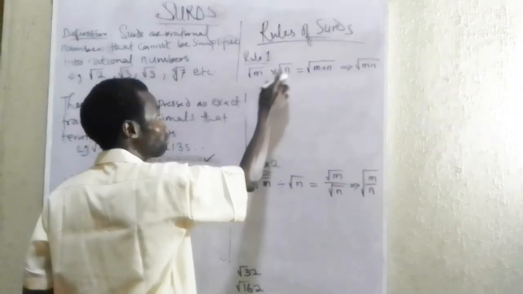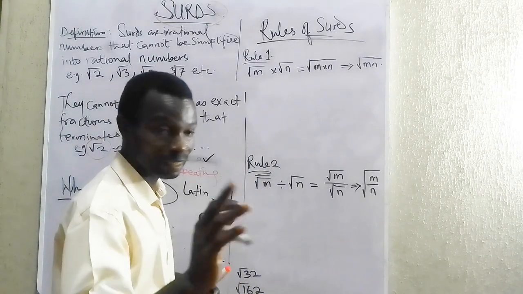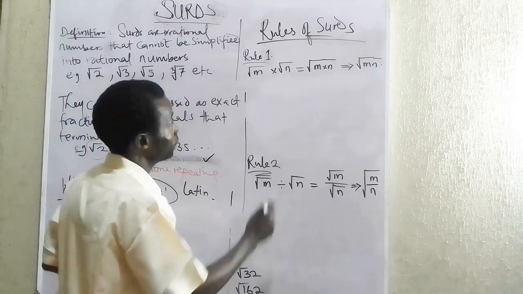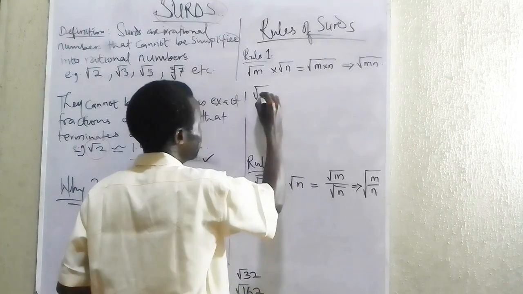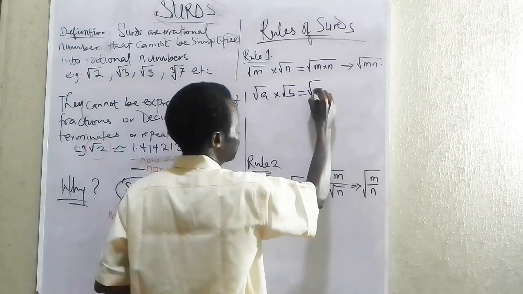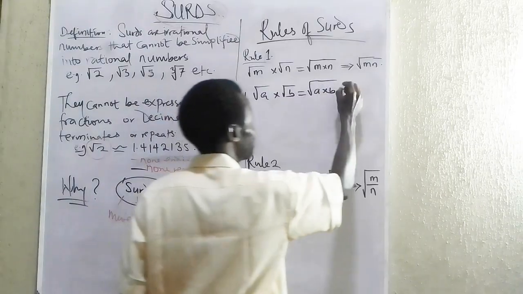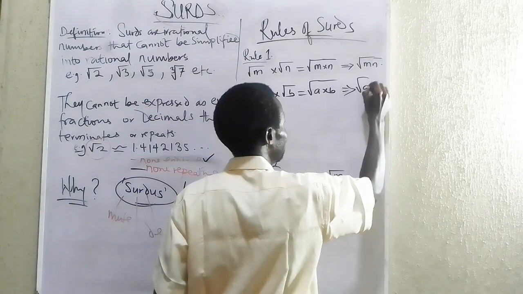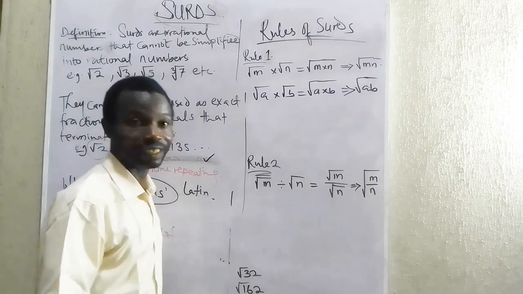An irrational number multiplied by a rational number, square rooted or cube rooted, is the same thing as writing it this way. For example, root A times root B is the same thing as root of A multiplied by B. And it's still the same thing as writing it as root AB. Some people may want to put a dot signifying the multiplication sign.